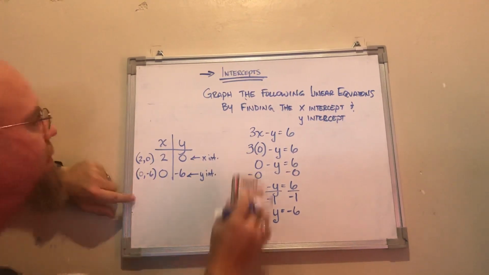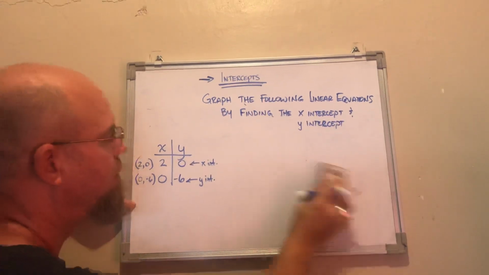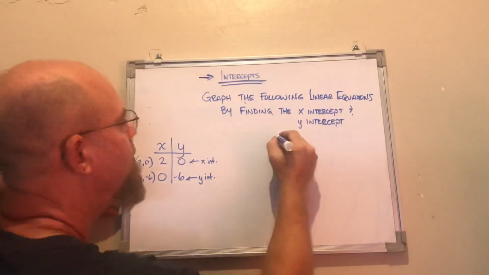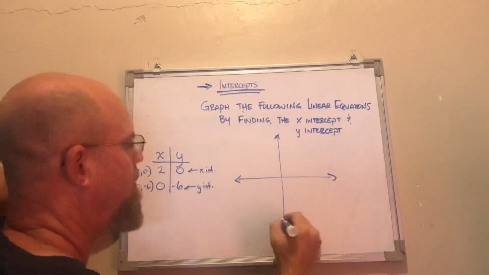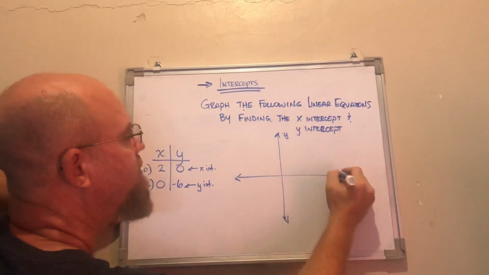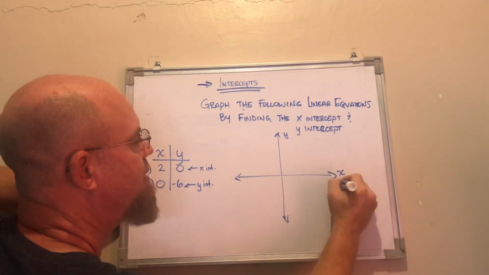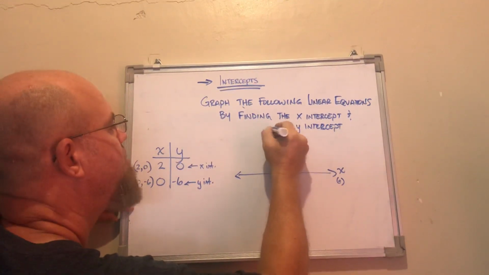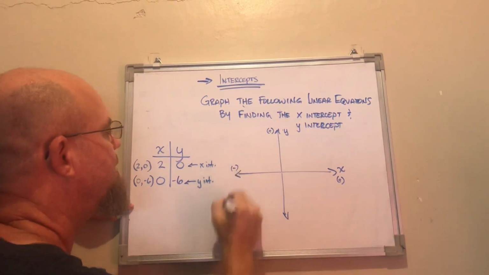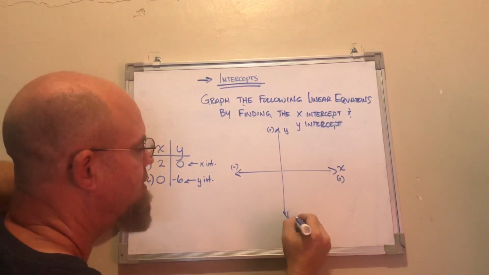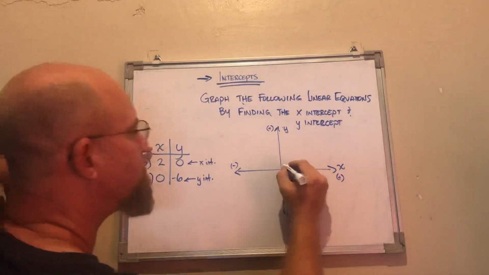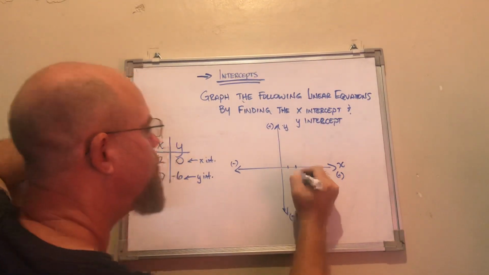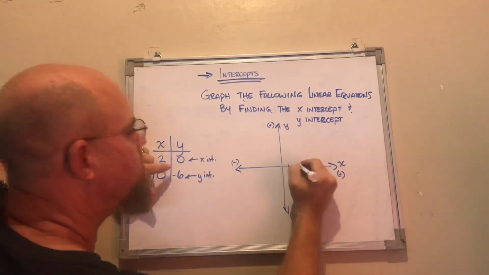So I'll take this information, I'll take my 2 points, and I'm going to graph those. So there's my Cartesian plane. This is the y-axis, x-axis, and this side is positive. Up here is positive. Over here is going to be negative for x, and down here is negative for y. So when x equals 2, y equals 0.